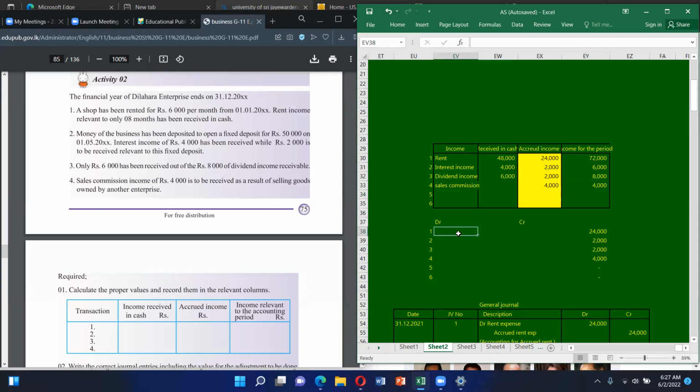So we'll put the double entry. Rent income receivable. Rent income credit.